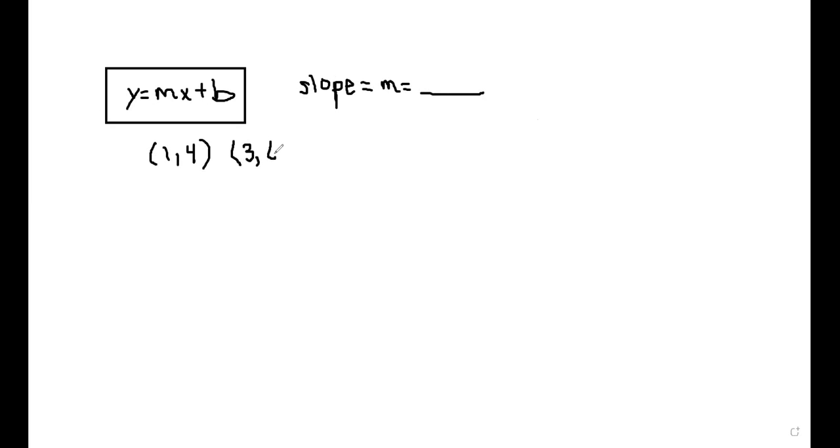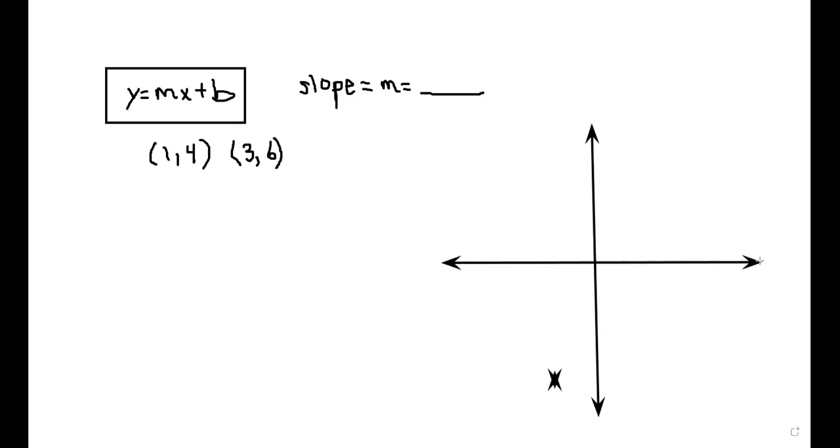Okay, so from those 2 points on the graph, we can figure out what the equation is going to be, and if we're lucky, we will also graph this line. Okay, so this is x over here, and this is y, and we'll just leave it like that for a minute.